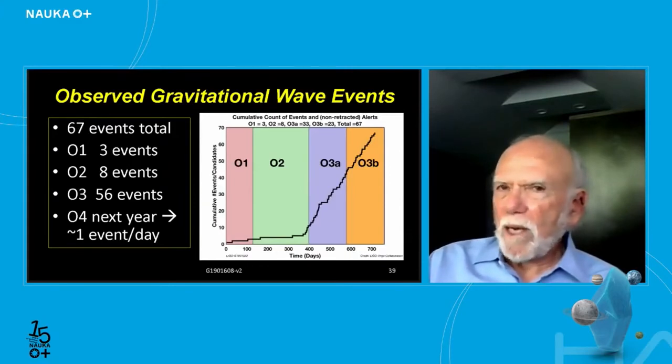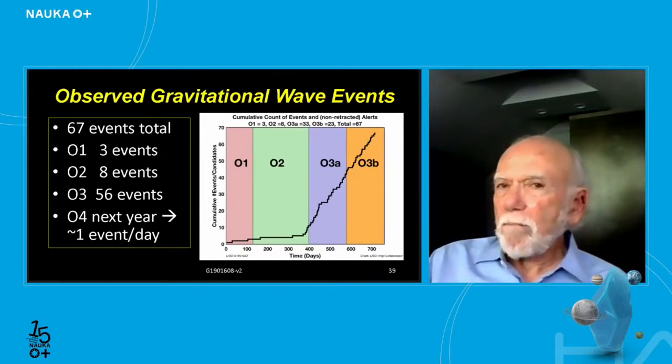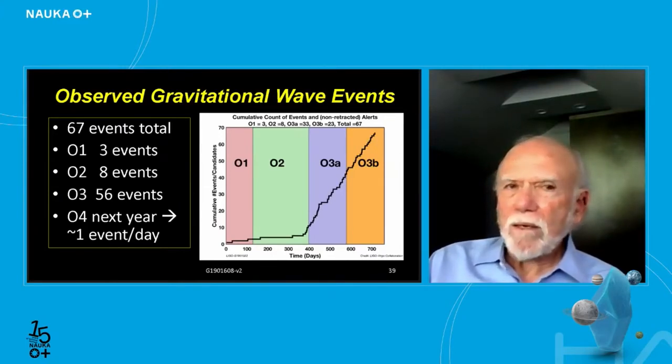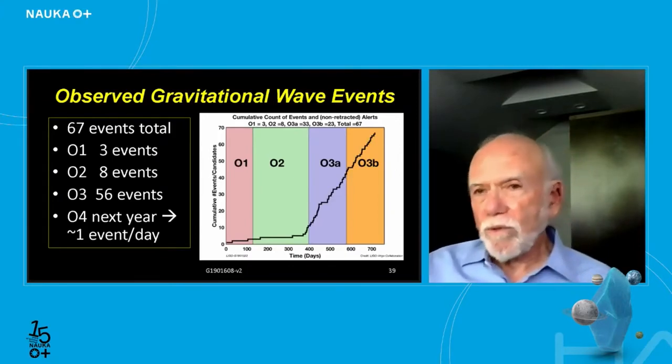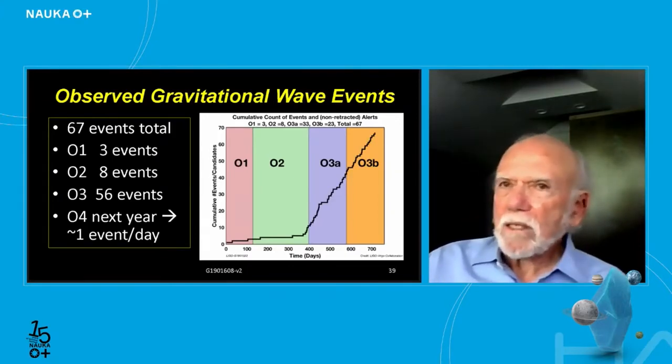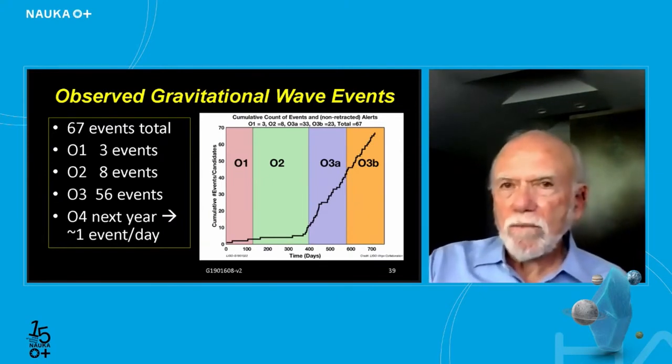We're now up to about 67 observed events of mergers that have given us signals. By next year, we will have improved yet more the apparatus that we have, and we'll start seeing events at about 1 a day. And in the future, we can do better yet, because as I say, we're limited by the instrument, not by nature itself.